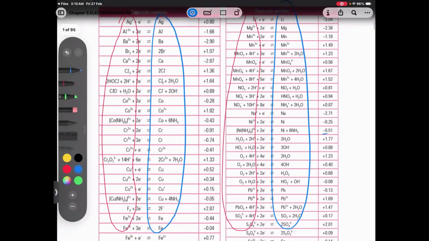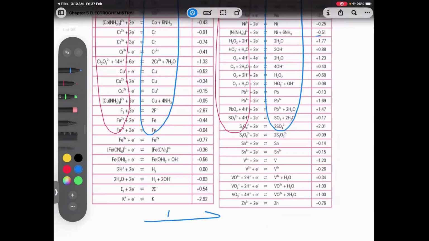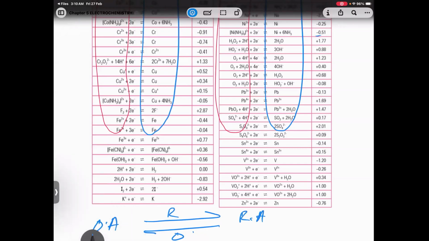The forward is reduction, the backward is oxidation. They're all oxidizing agents, they're all reducing agents. And their strength depends on what?